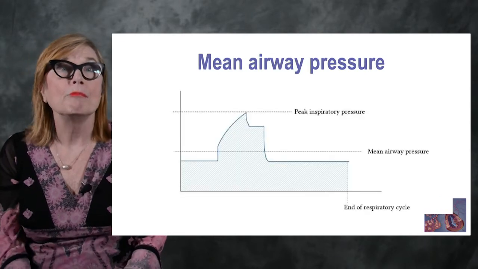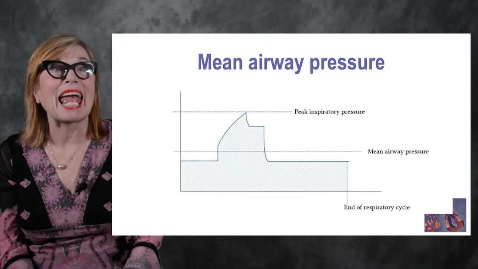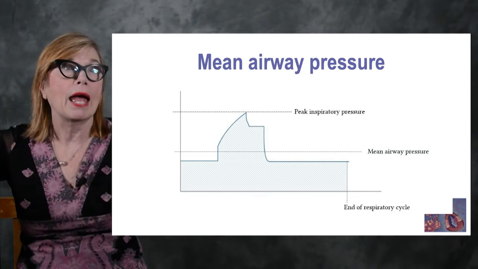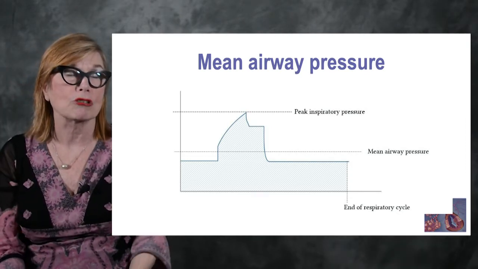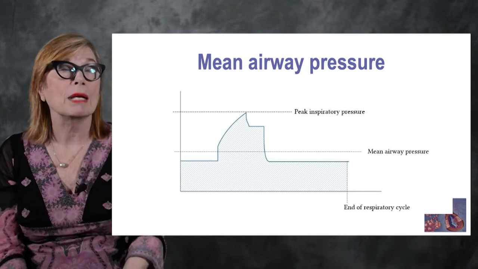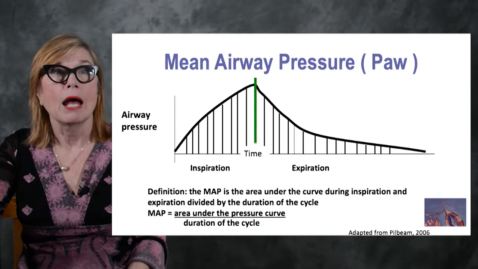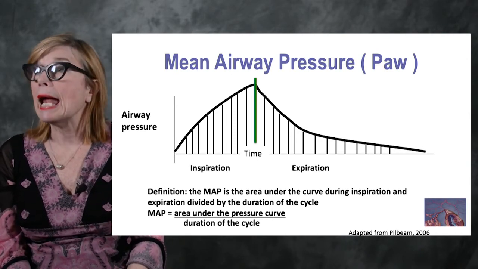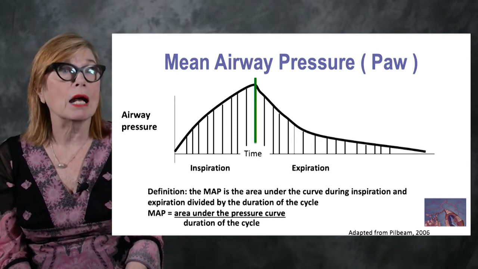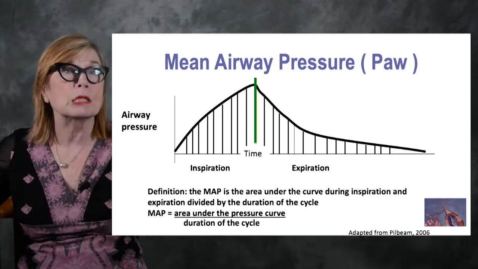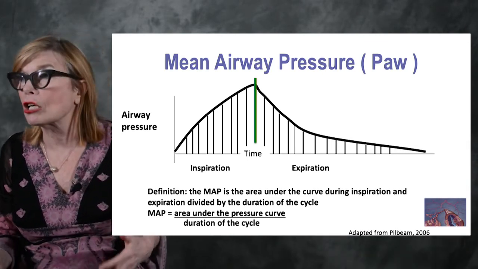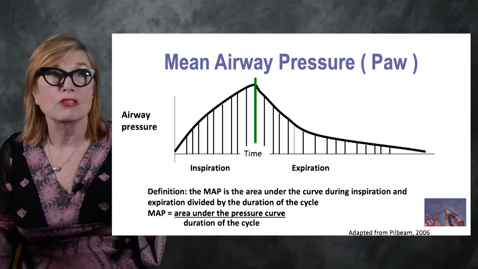So, mean airway pressure is the average of the peak, the area under the curve, and the exhalation pressures. So you can see your mean airway pressure here. Mean airway pressure is the area under the curve of both inspiration and exhalation divided by the duration of the full cycle.